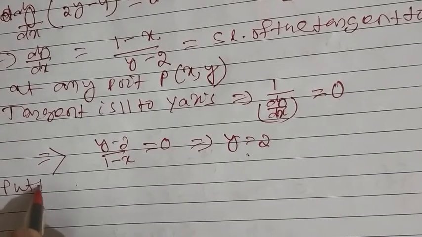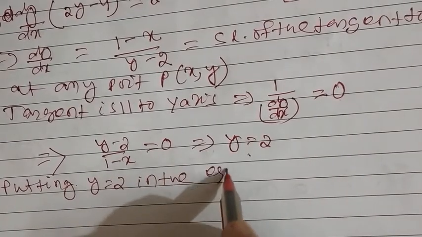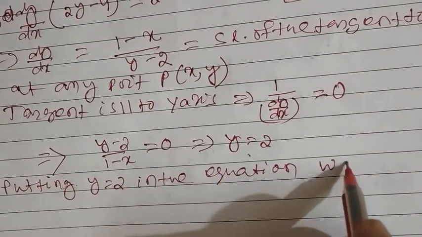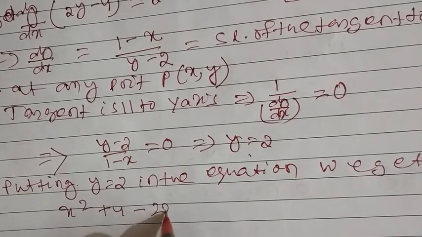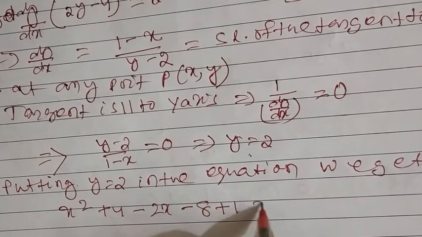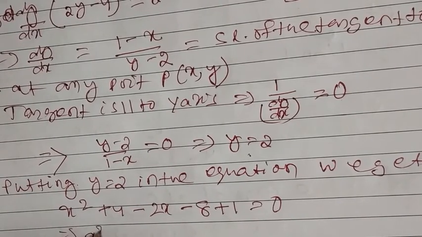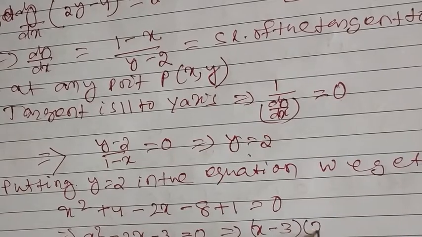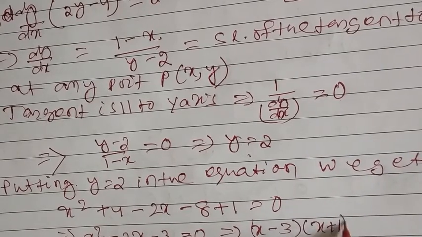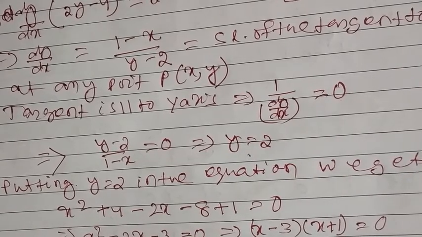Putting y equal to 2 in the equation, we get x square plus 4 minus 2x minus 8 plus 1 equal to 0. Okay, what I got? x square minus 2x minus 3 is 0. So x minus 3 into x plus 1 is 0. So this gives me x is 3 and x is minus 1.